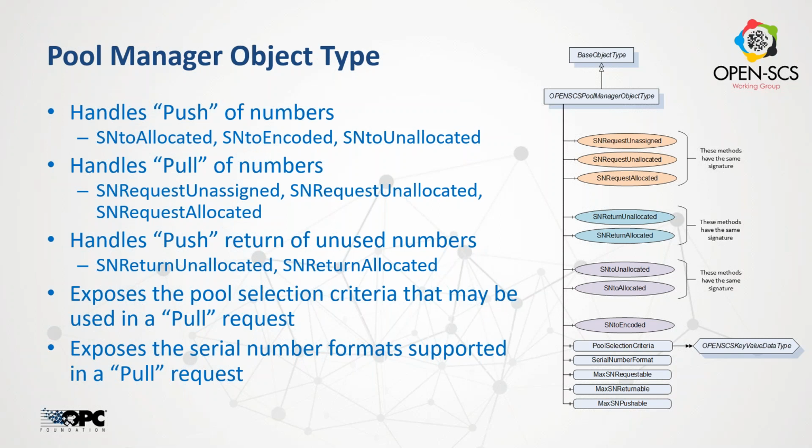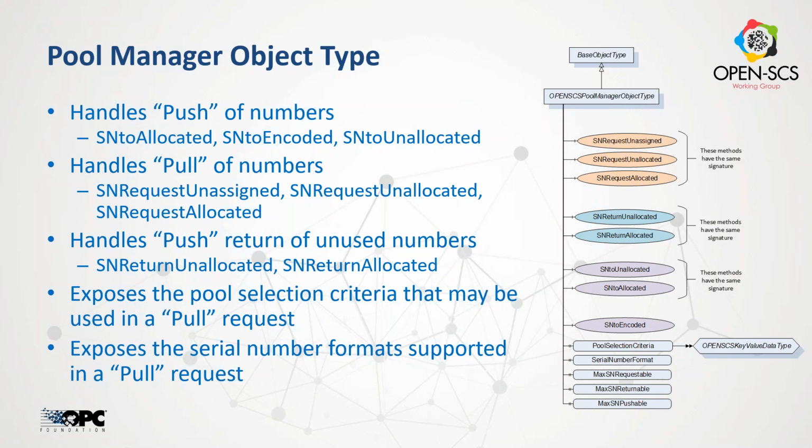So it handles the push of numbers, the pool of numbers, the push of unused numbers, and exposes the pool selection criteria. So if I do a request, if I do a pool of numbers, I want to specify what pool, P-O-O-L, that my pool, P-U-L-L, is in English a wonderful language where they sound exactly the same and mean something else.